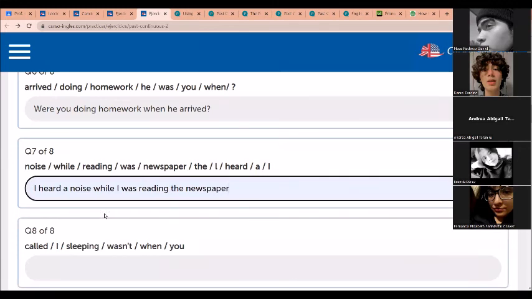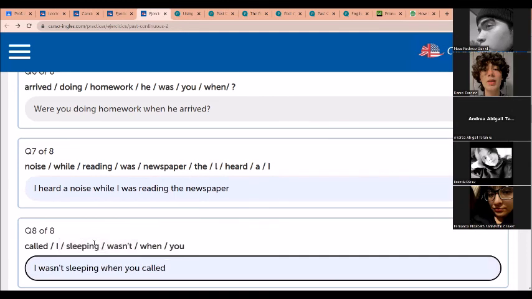Escuché algo mientras estaba leyendo. All right. I heard a noise while I was reading the newspaper. Repeat. I heard a noise while I was reading the newspaper. All right. And last one, Dani Nava. I wasn't sleeping when you called. Good.